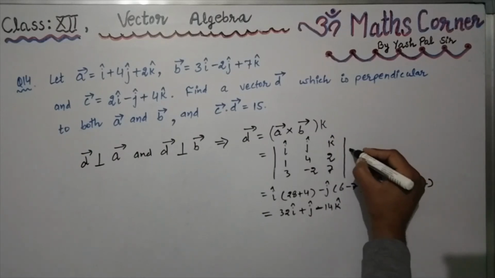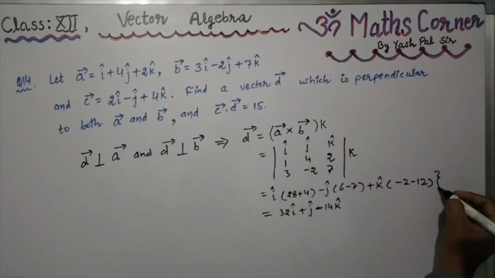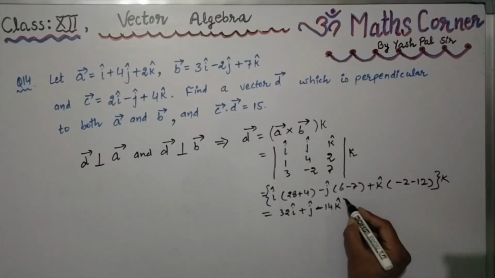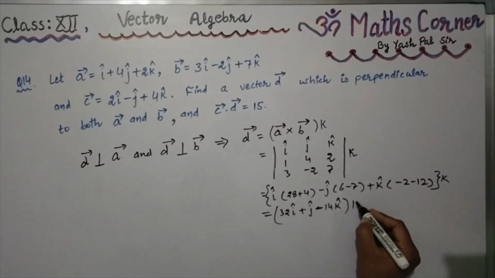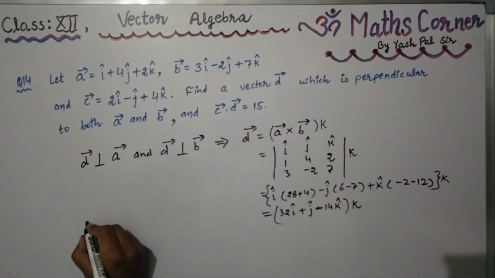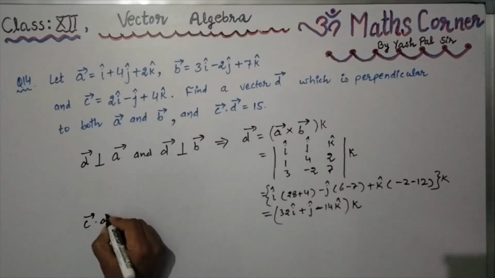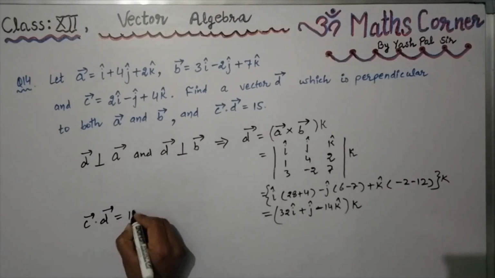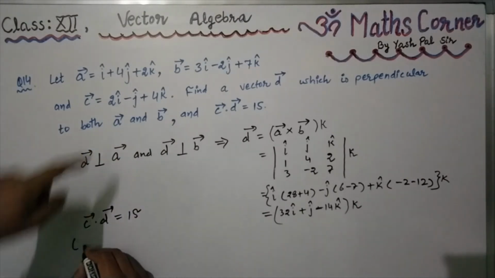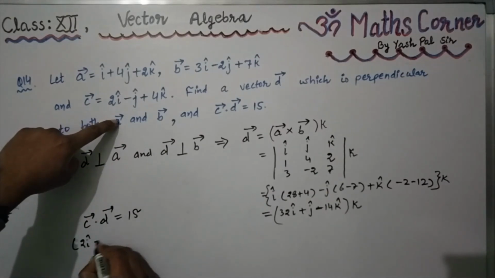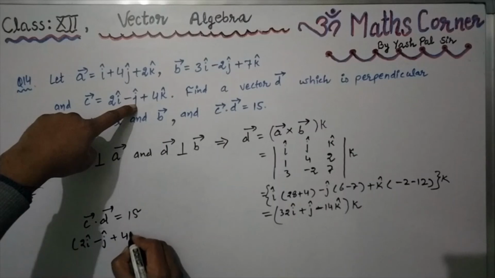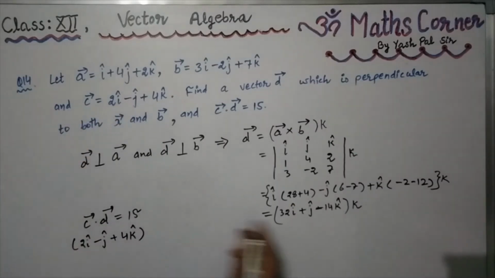Now next thing, this is also given. We can say any vector D, we can also multiply this with any number k, into k. Now this is also given: C dot D is equal to 15. So what is C?